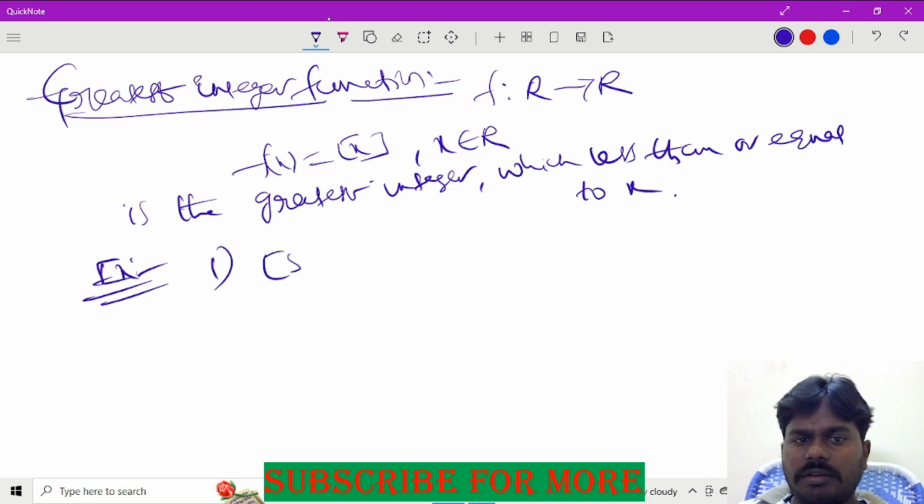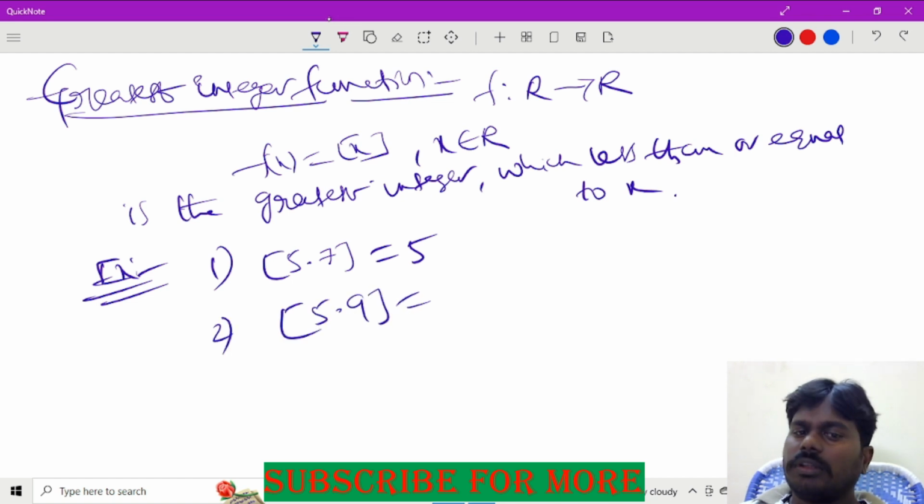Suppose here I am taking 5.7. In this 5.7, the integer part is 5, so this value is 5. Suppose here 5.9, which is very near to 6.